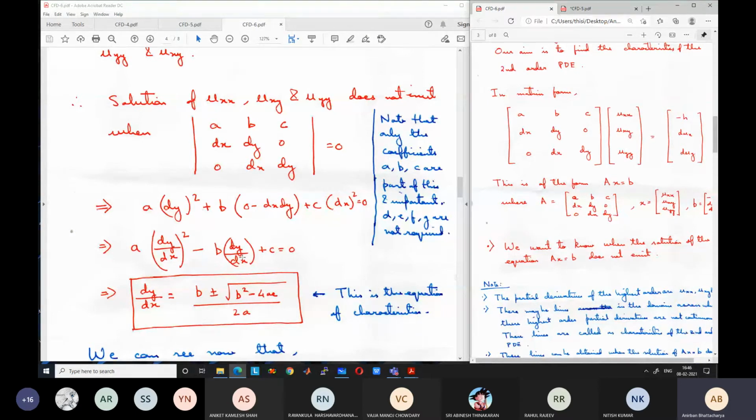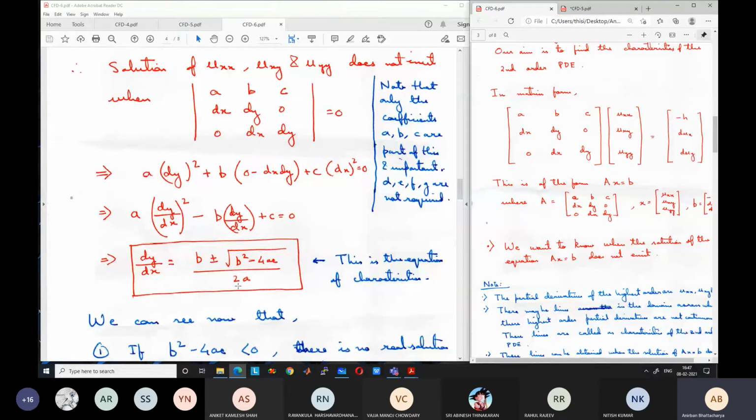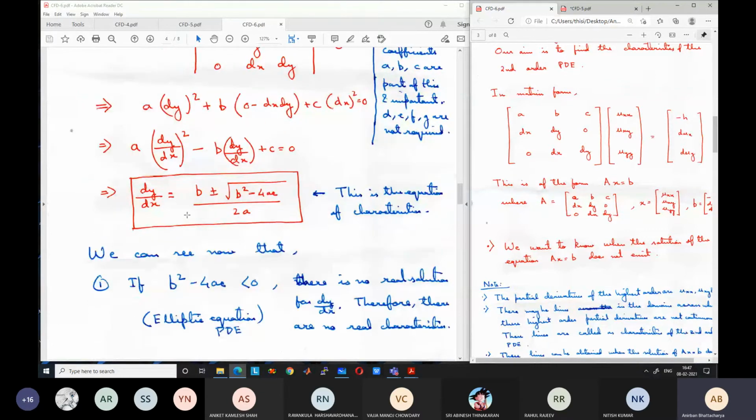So this is a quadratic equation. dy/dx is equal to minus of minus b, so plus b, plus or minus the square root of b square minus 4ac, divided by 2a. So dy/dx equals b plus or minus root over b square minus 4ac, by 2a. What does it mean?